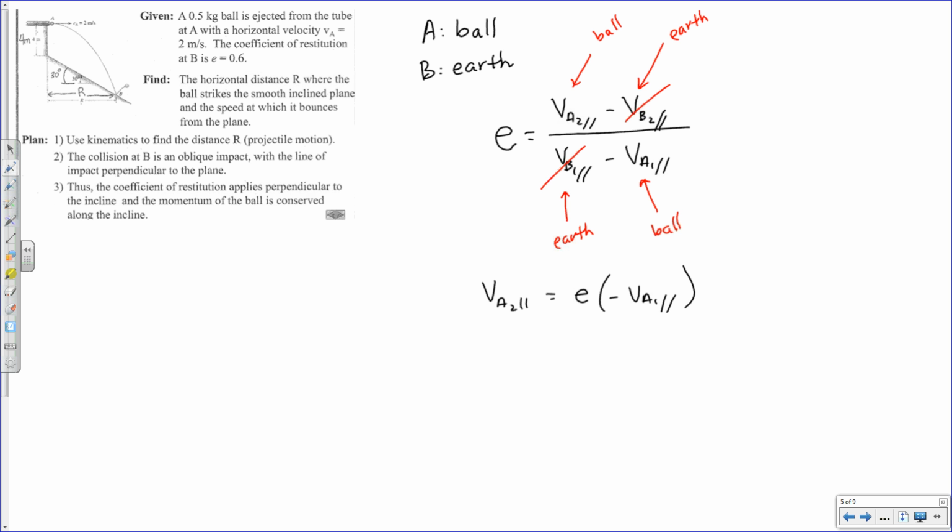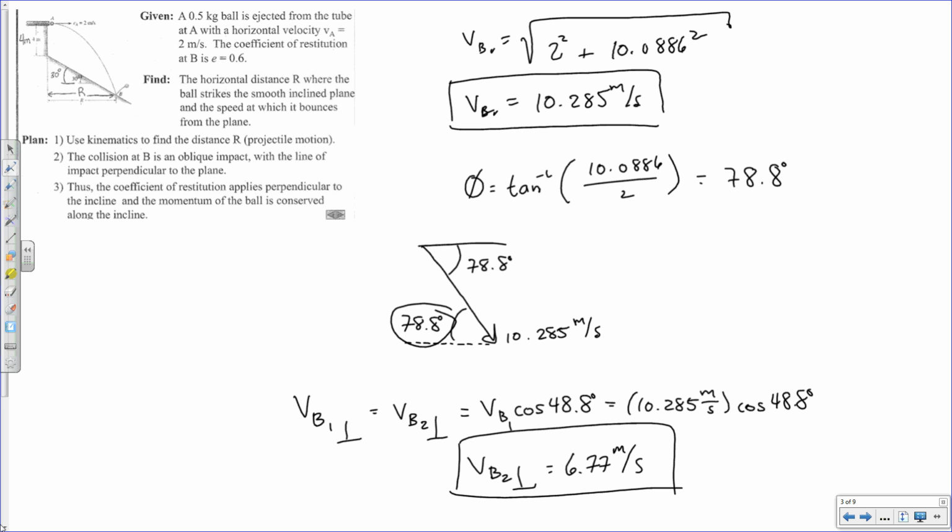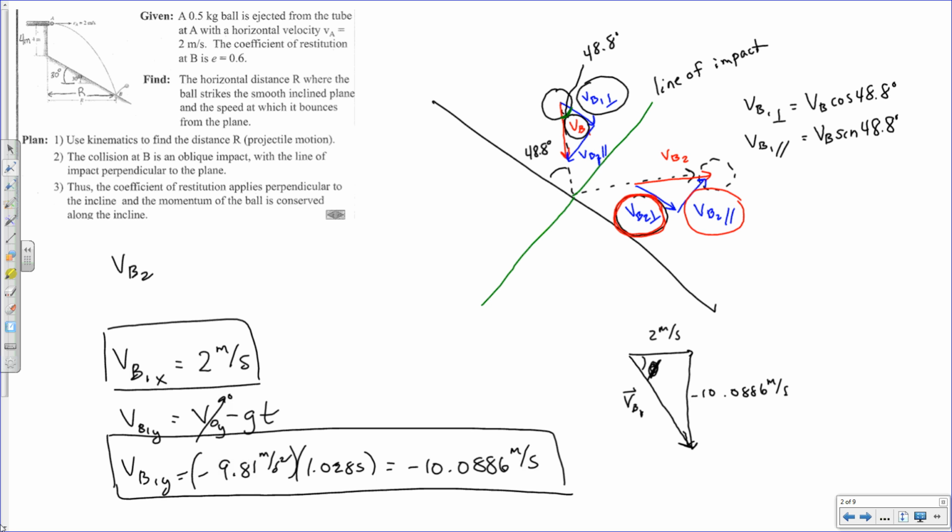Well, I never defined my positive and negative direction in the line of impact, but if I call positive in my parallel to line of impact direction positive away from the surface, then we recognize that as the ball is approaching the surface, it would have a negative component of its velocity.